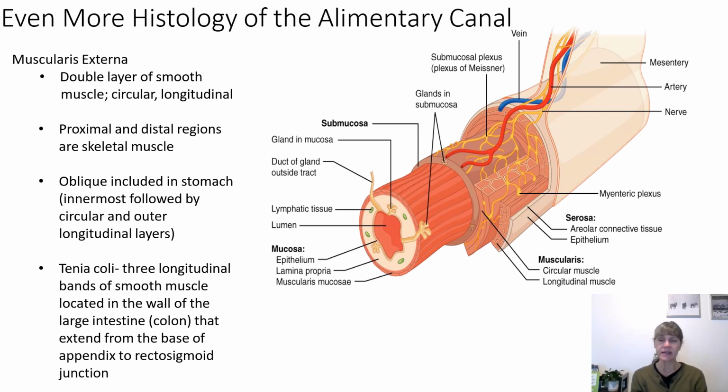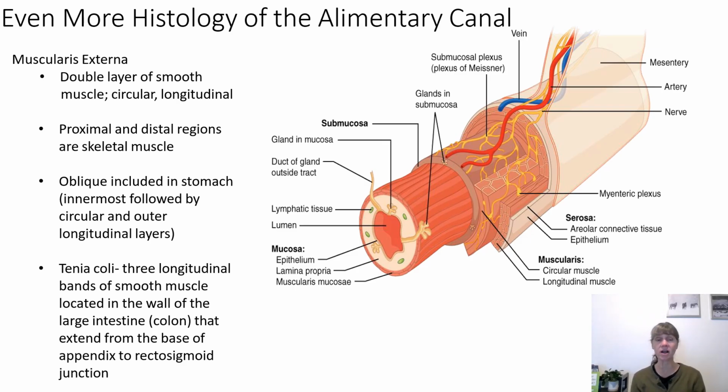The muscularis layer is usually referred to as the muscularis externa, and that is a layer of smooth muscle tissue organized in two different orientations.